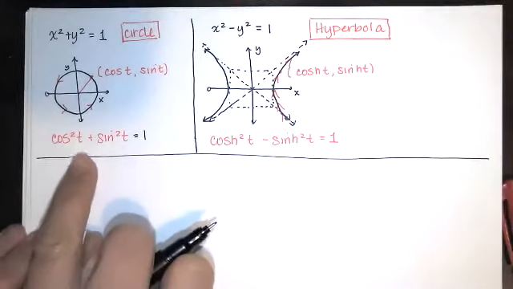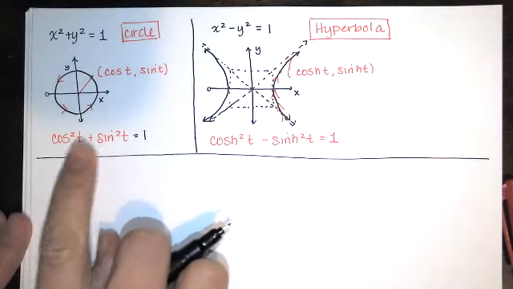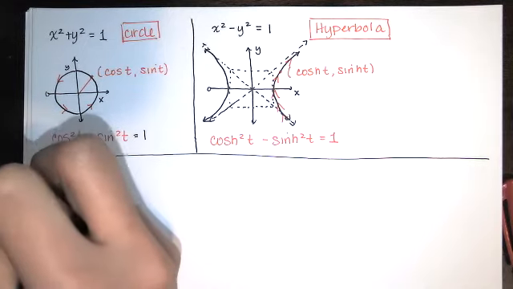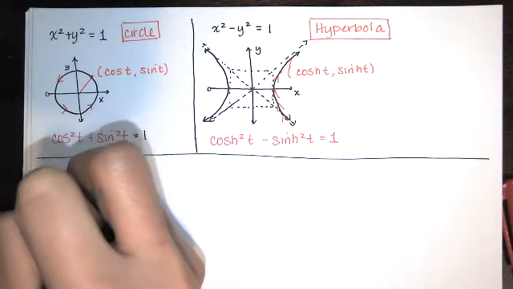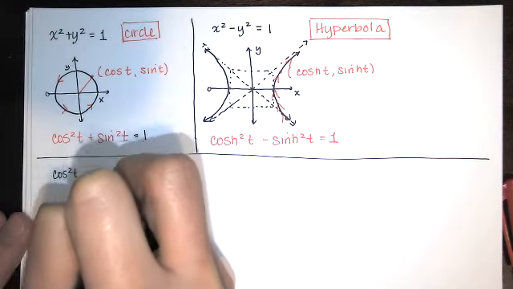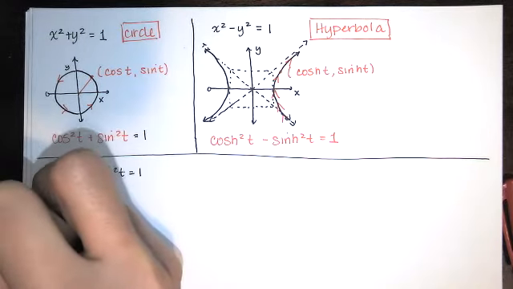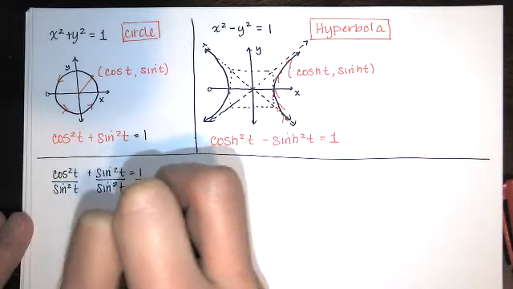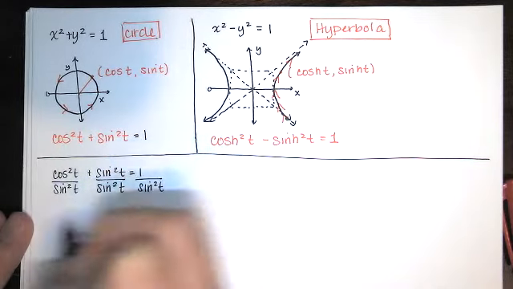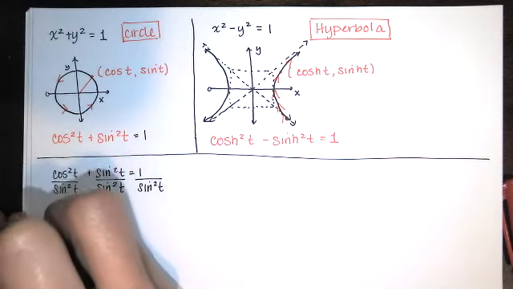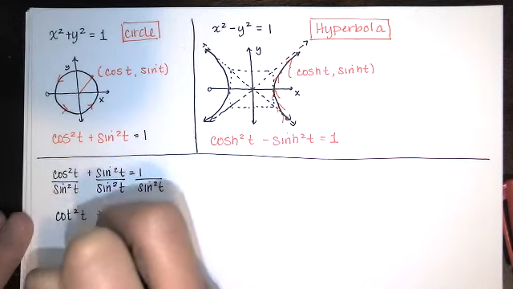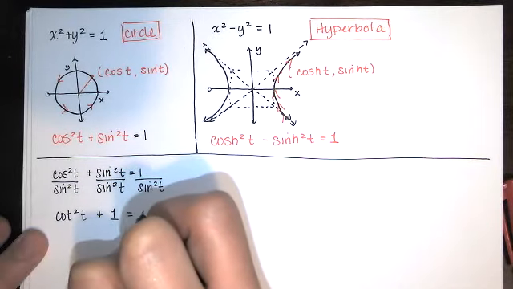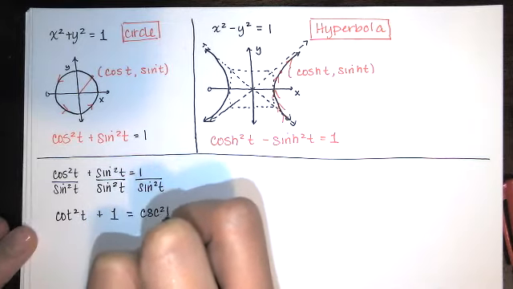If I take this guy and I divide it by sine squared, we got another Pythagorean identity, right? Cosine squared over sine squared is cotangent squared. Sine squared over sine squared is 1. 1 over sine squared is cosecant squared.